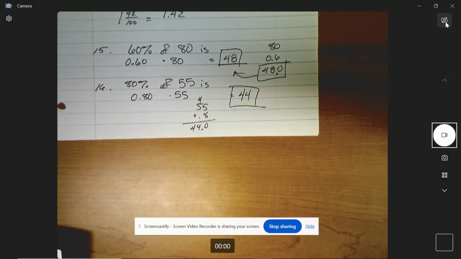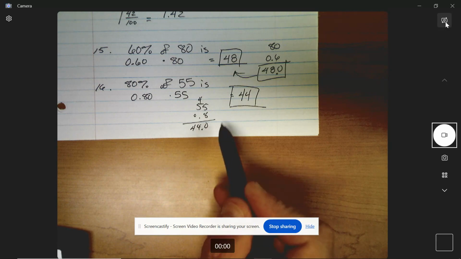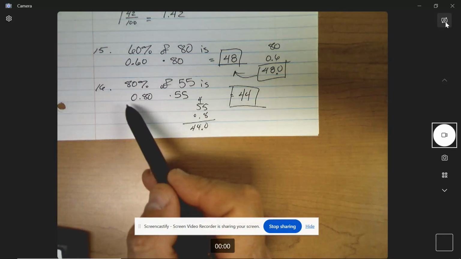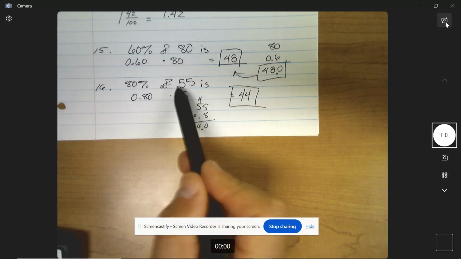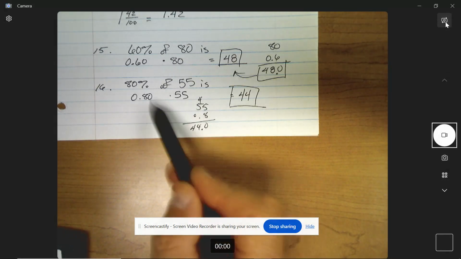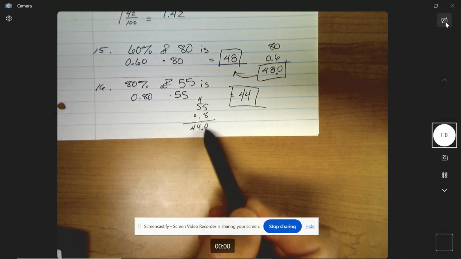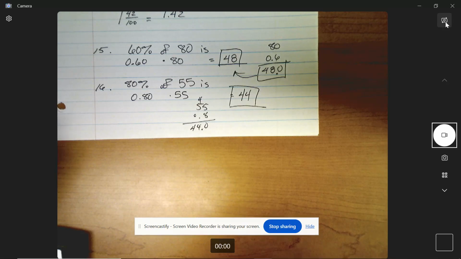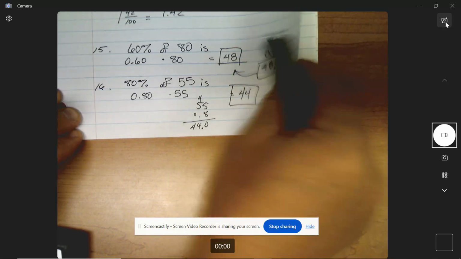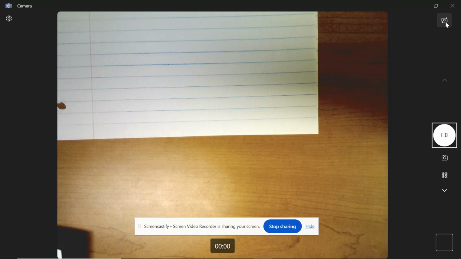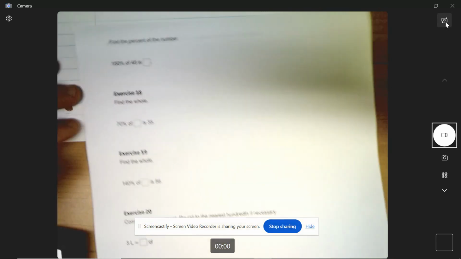Wait, is that right? No, that's right. 40, 40 carry the 4, 44. That is the first mistake I've ever made, thinking that I made a mistake. I should know better by now.